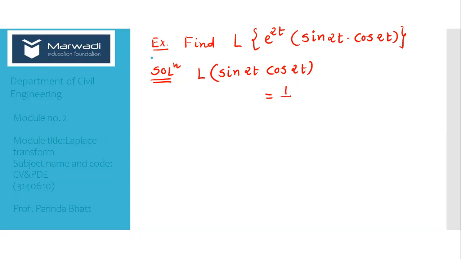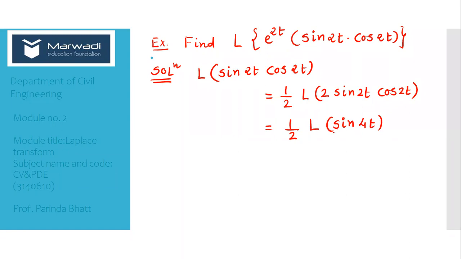Divide by 2 and multiply by 2. So 2 sine 2t cos 2t. And here the angle is the same. Therefore, we can convert it into the double angle directly. Therefore, this is sine 4t. Right? 2 sine theta cos theta is equal to sine 2 theta.